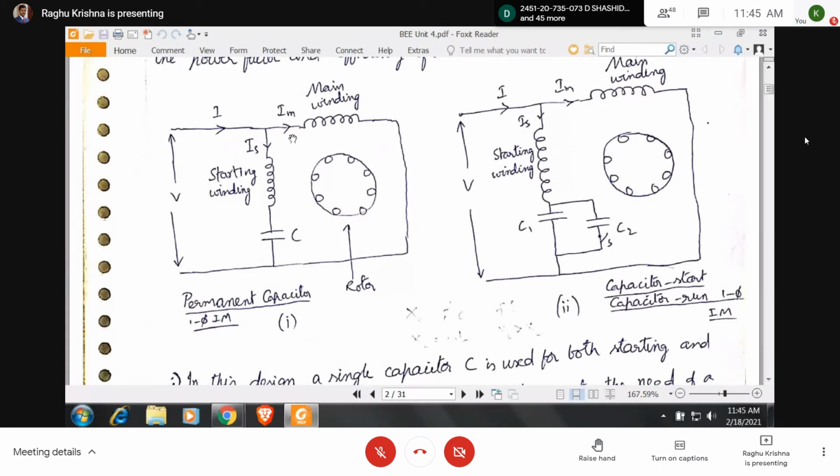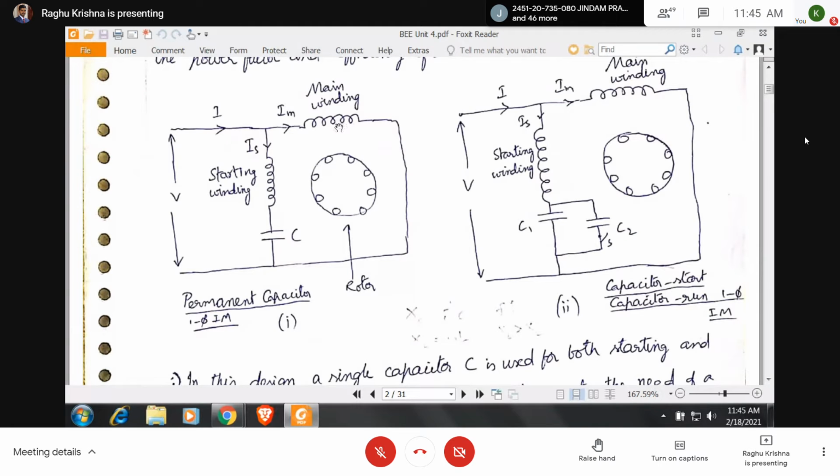By using a capacitor, we are getting a two-phase supply. The single phase is converted to two phase, so IM and IS will have a phase difference.